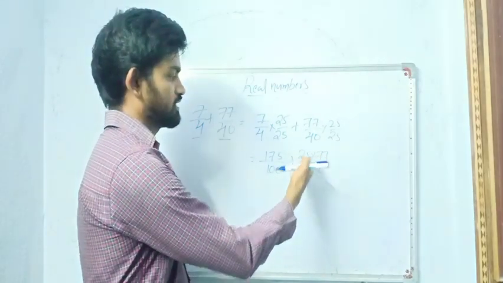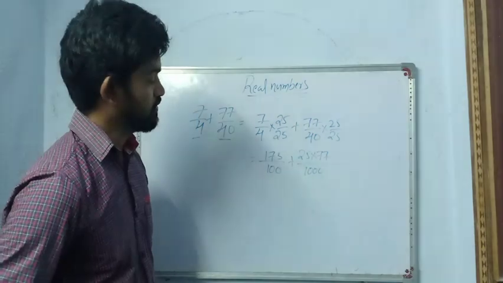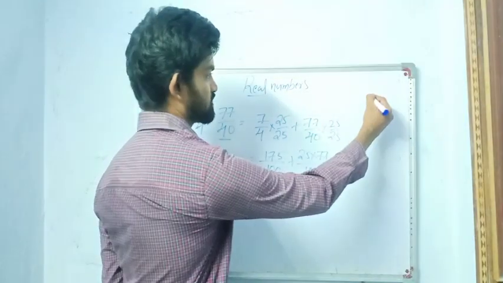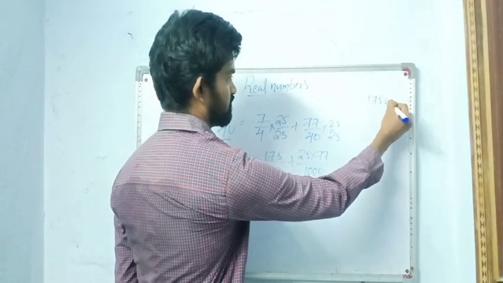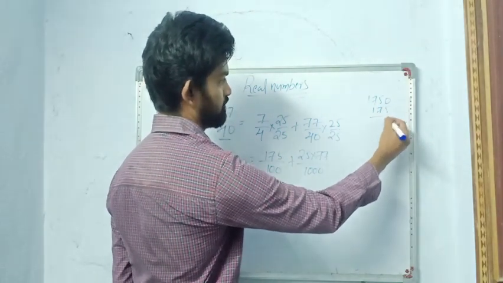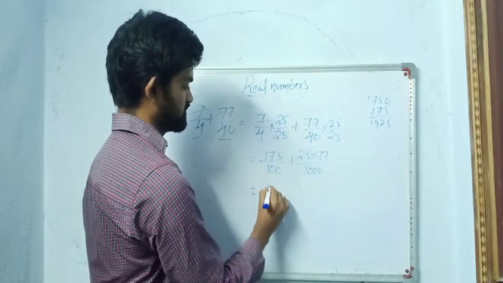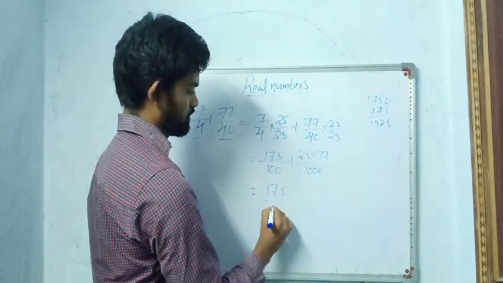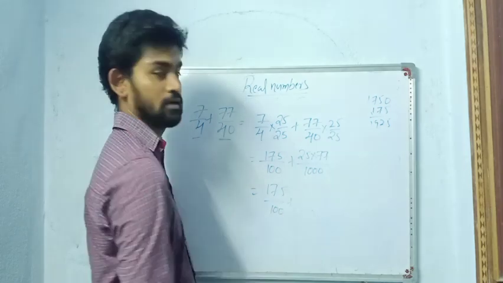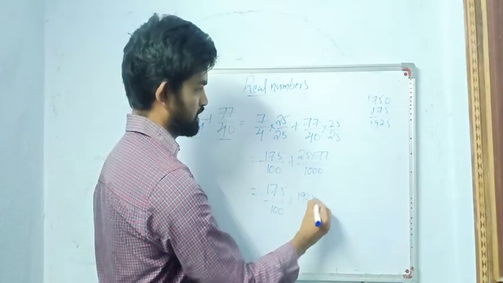Just calculate like this: 175 by 100 plus here 1925 by 1000.